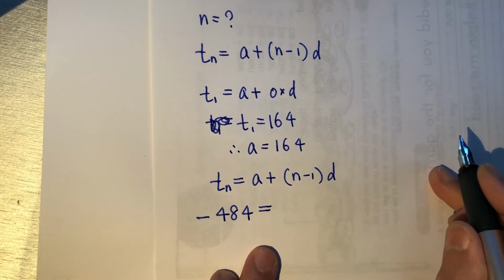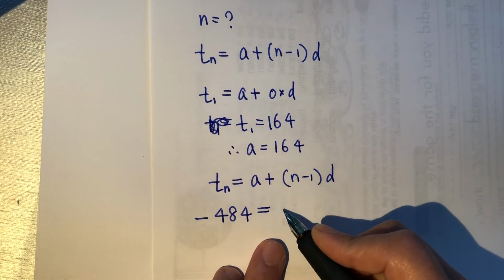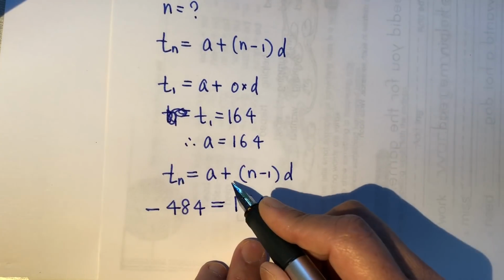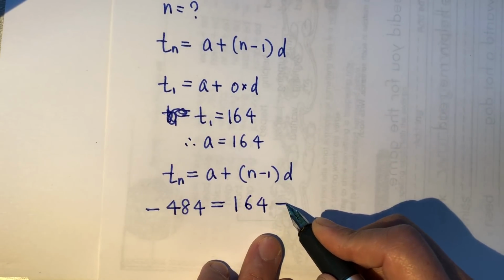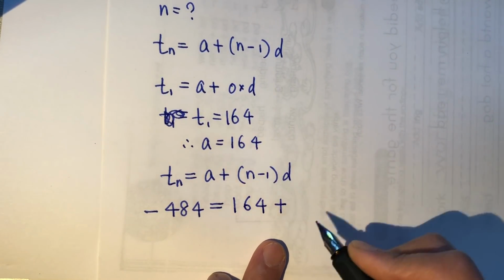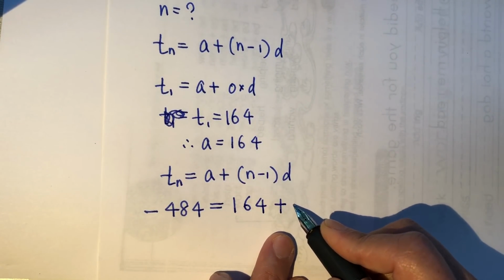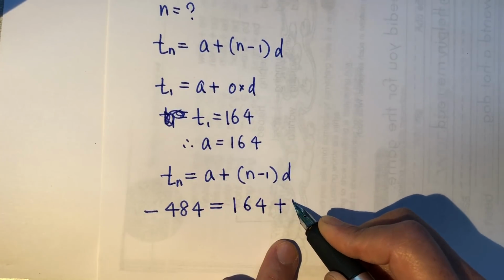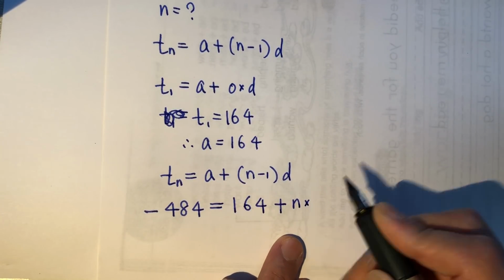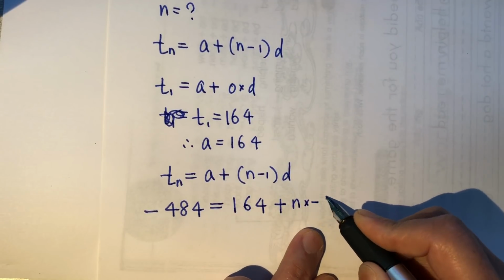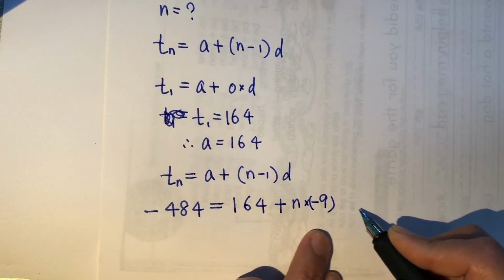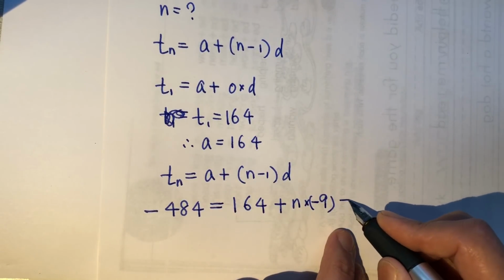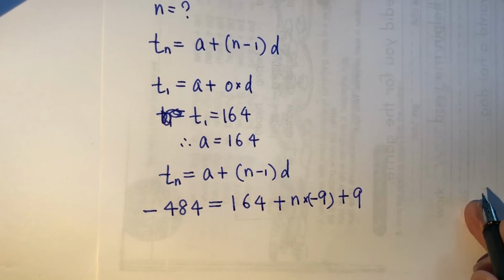You just need to do the calculation. 164 plus n minus 1 times d, which is negative 9, and negative times d is negative times negative 9, right?